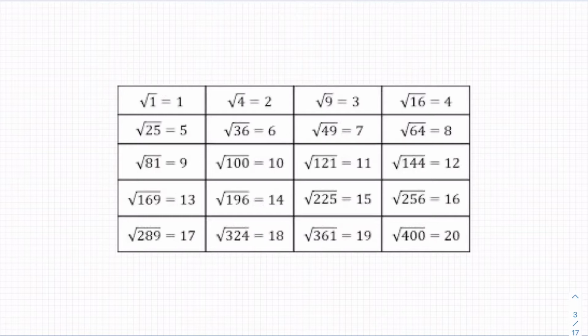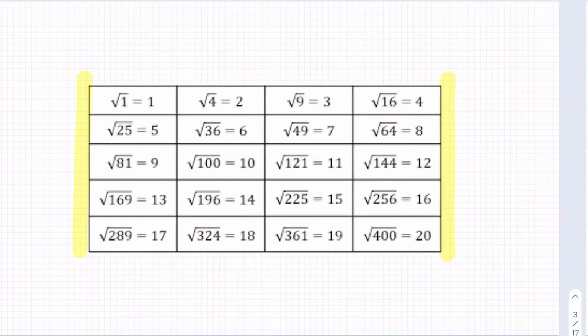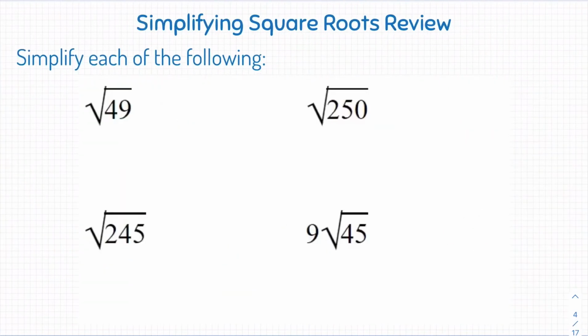In order to solve using square roots, it's really important that you know your perfect squares. We've reviewed this towards the beginning of this year, but here's just another review chart in case you need to take a screenshot or a picture with your phone so you can refer back to this later. To review, to simplify a square root, you need to find the biggest perfect square that divides evenly into that square root.